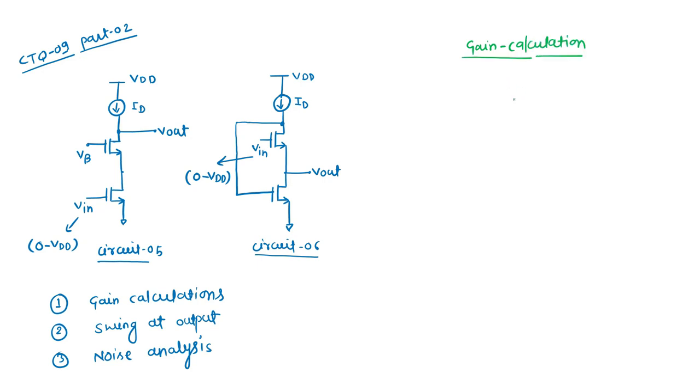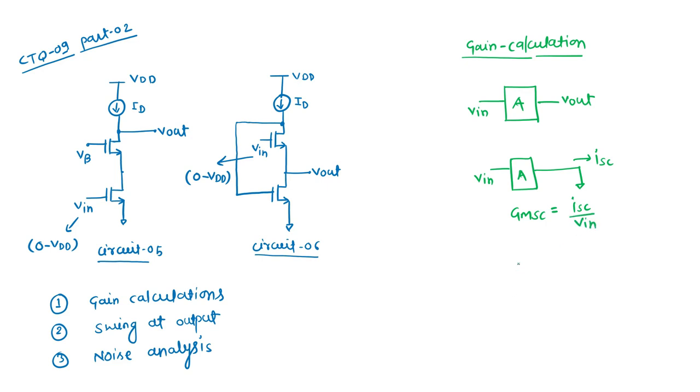In general, for any circuit, if there is a block with an input and an output, we do one thing only. Step 1, we calculate the short circuit transconductance: apply V in and calculate ISC, so the short circuit transconductance is ISC by V. The second thing we calculate is R out, where V in is shorted.